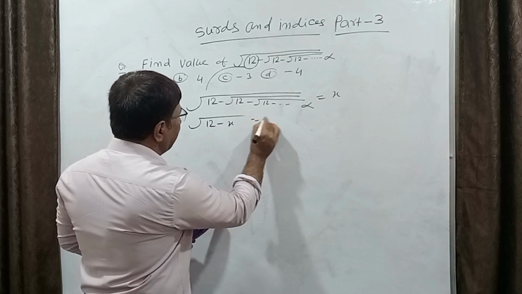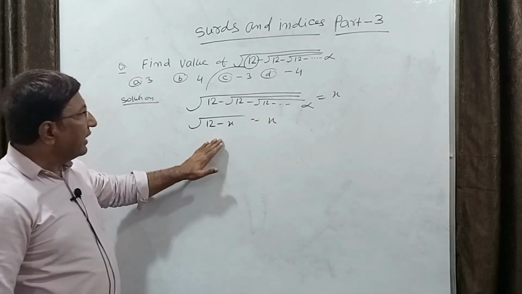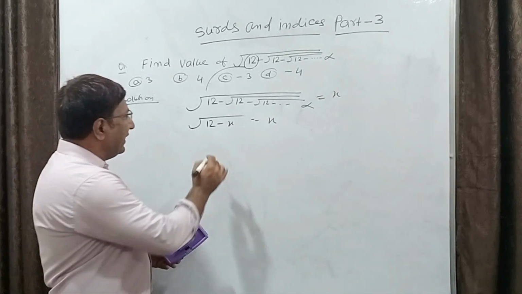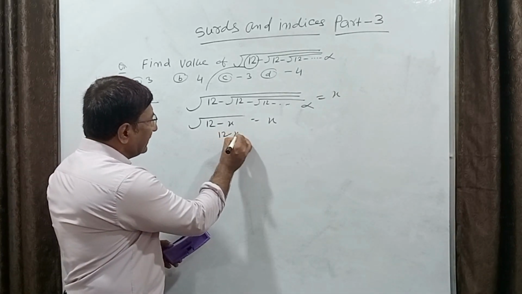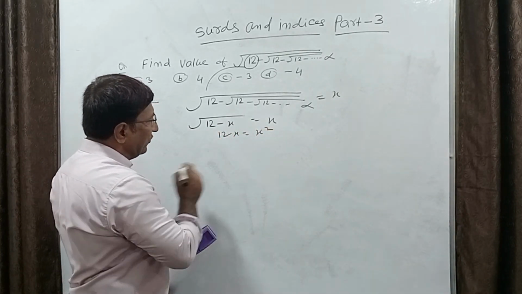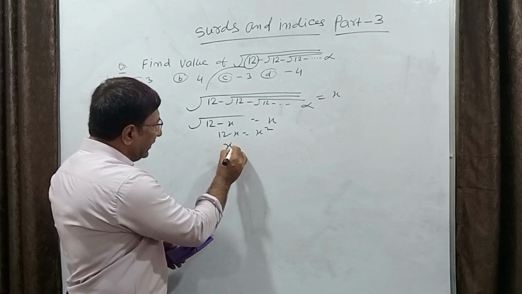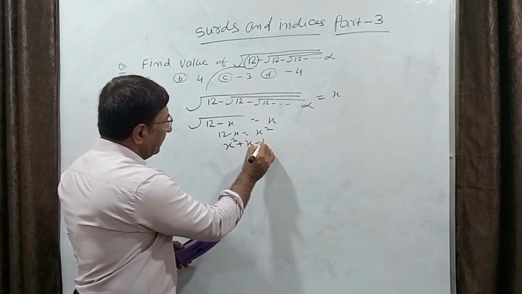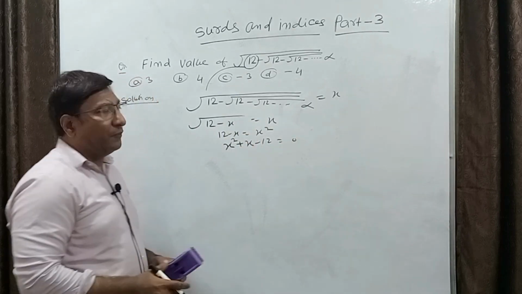So here there is a root on one side and no root on the other, so just square both sides. You will get 12 minus x equals x square. Again this is a quadratic equation, x square plus x minus 12 equals 0.